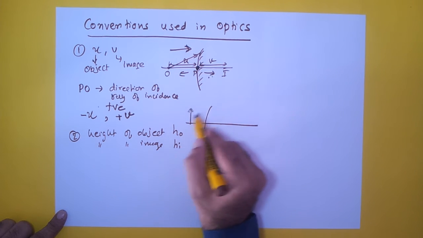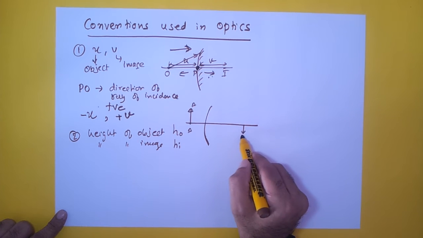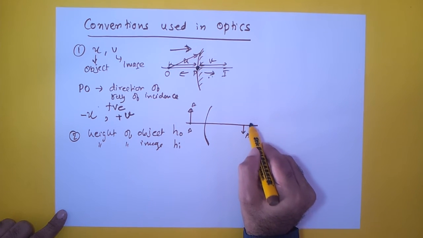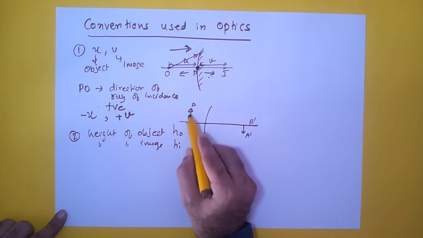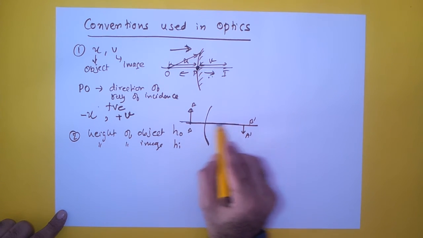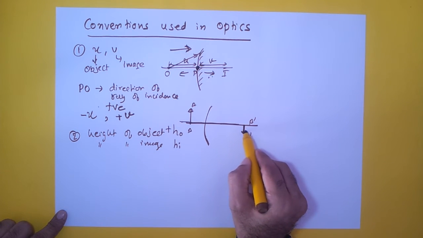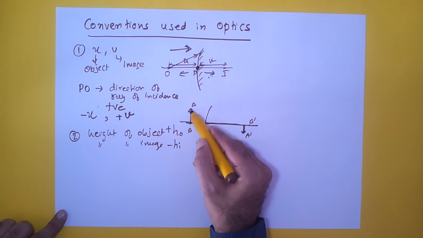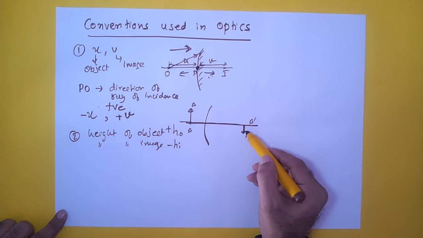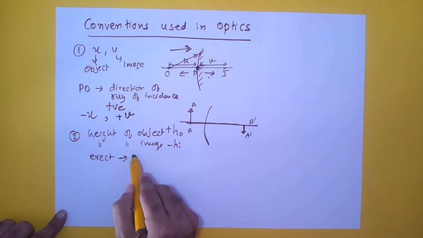Say, for example, this is the object, this is AB, and let us say this is the image, A dash B dash. If the height is above the principal axis, then we will assign it a positive sign. And if it is below the principal axis, we will assign it a negative sign. In other words, if the image is erect, then positive.